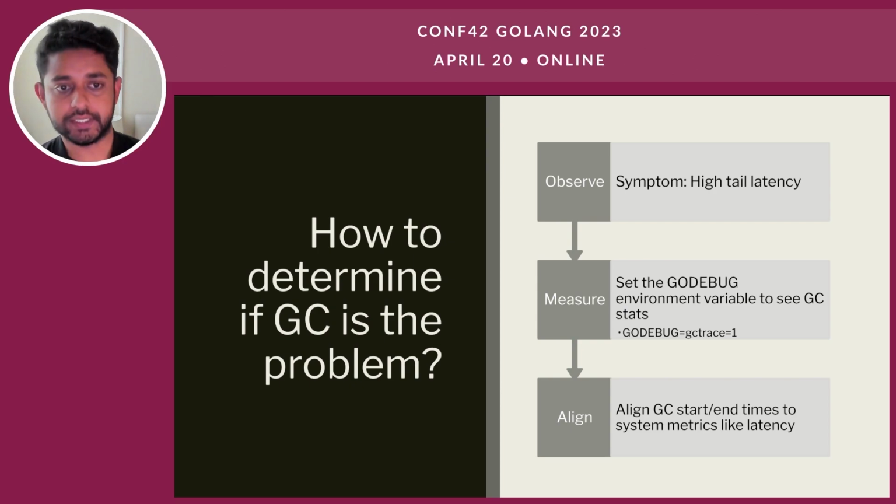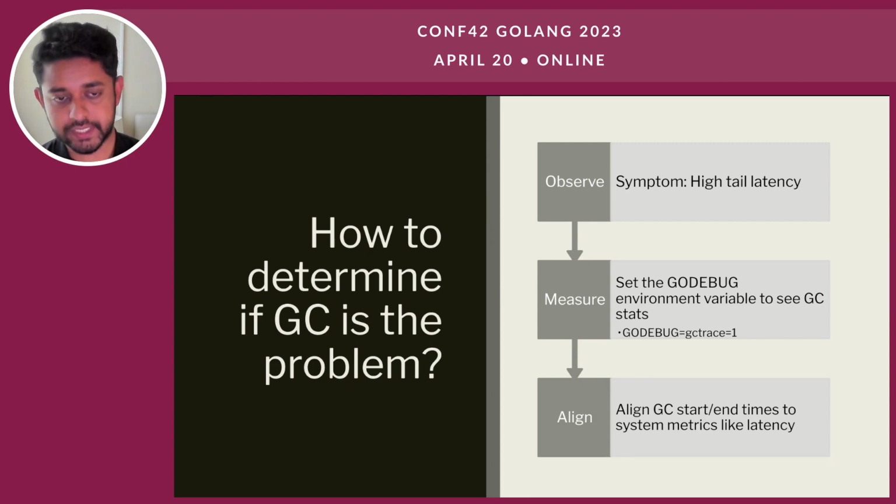You can use a runtime environment variable that Go makes available called GODEBUG. By setting it to GODEBUG=gctrace=1, as you can see on the slide here, you'll force your program to output debug logs for every single GC cycle. This will also include a detailed printout of the time spent in the various phases of garbage collection.